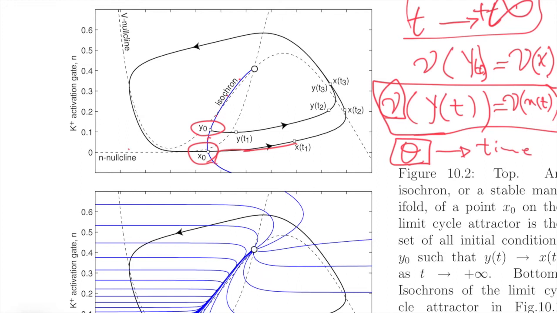And this is the definition of isochron. So this is our isochron. All of these points on this isochron have the same phase, and all of them will be attracted to this limit cycle here, and they will all be spiking. So this was that isochron that we were talking about. And there is also, for instance, this isochron as well.